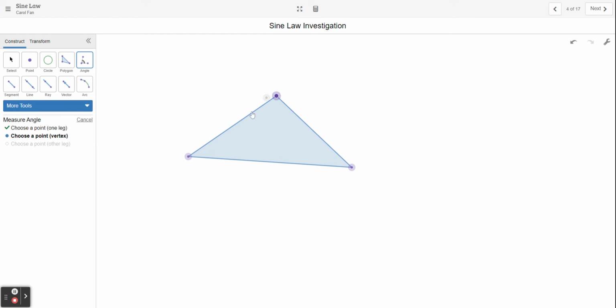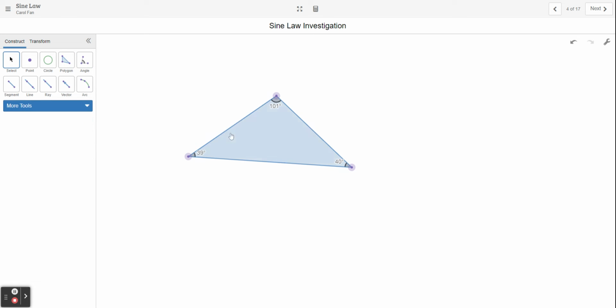So we're going to choose your starting leg, the vertex, and the end, and it'll show the angle here. Let's do it again for each of the other ones. And we've got the angles of our entire triangle.